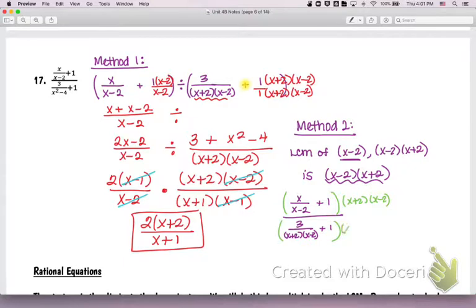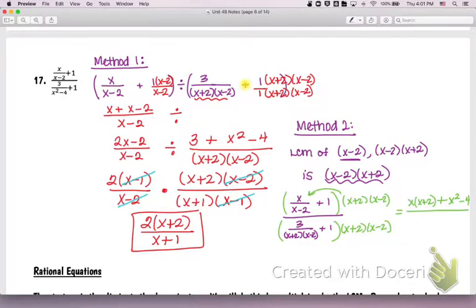Top and bottom, because remember, we're only allowed to multiply by 1. Okay. We have to distribute. So when I multiply here, I have x times, the x minus 2's are going to cancel. So I have x plus 2. And then I have 1 times this, which again was x squared minus 4. That's what it was before we factored.